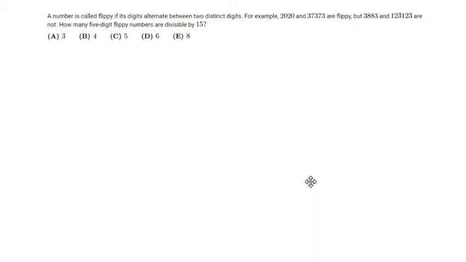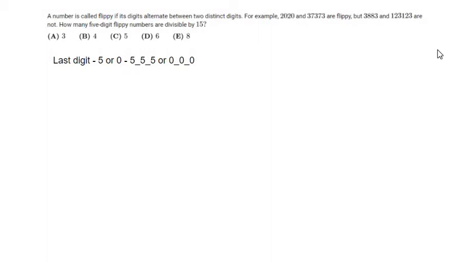So first, we want to find out what numbers are exactly divisible by 15. If you notice, the last digit of those numbers is either 5 or 0. So our last digit can be either 5 or 0, and since it's a 5-digit number, the first, third, and fifth digits of the number are 5 or 0.